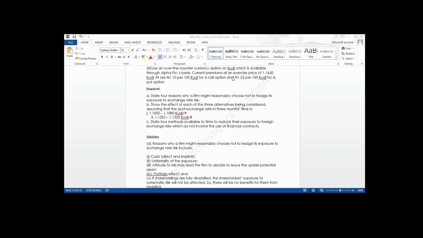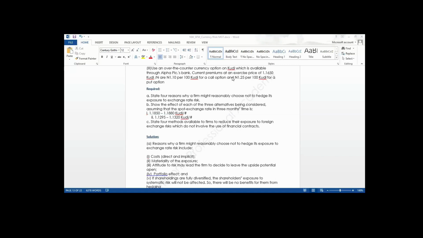It's the materiality of the exposure. If the amount involved is not material, the company can decide not to hedge. Number 3, attitude to risk. If the company is ready to take higher risk, you can decide to forget about hedging. It is either you are going to make profits or loss. If there's exchange gain, it's to your advantage. If there's exchange loss, it's to your disadvantage.